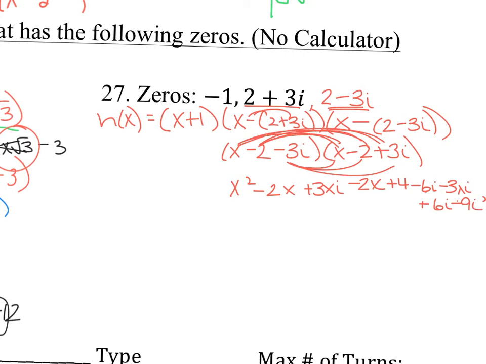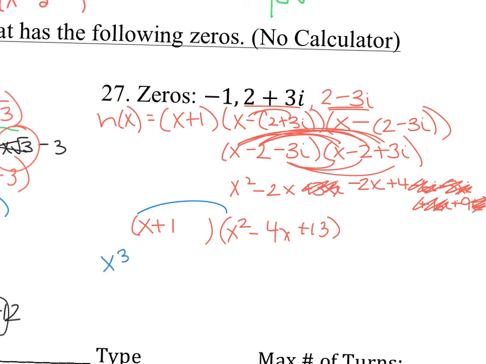Whew! Alright, so now I can cross some stuff out. So I can cross 3xi out with negative 3xi, and negative 6i with positive 6i. I squared just makes negative 1, so that's going to be plus 9. So now I'm left with x squared minus 4x plus 13. That's 1. The other one is x plus 1. So now I'm going to distribute again.